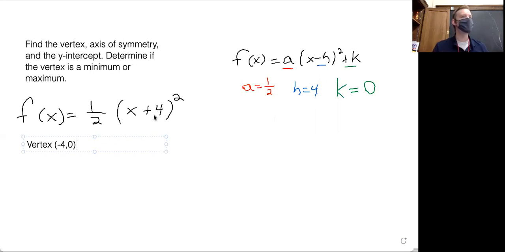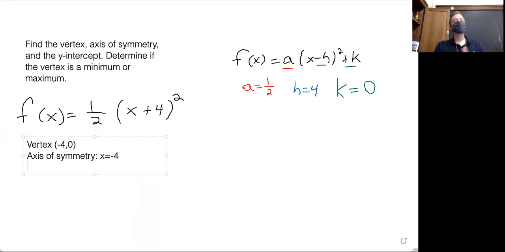People forget to flip that sign. The x value of the vertex is always reversed of whatever you have inside the parentheses right here. So our vertex here is going to be -4, comma 0. And if the vertex is -4, comma 0, that means that the axis of symmetry will be x equals -4. Because the x value of the vertex is the same as the x value for the axis of symmetry.